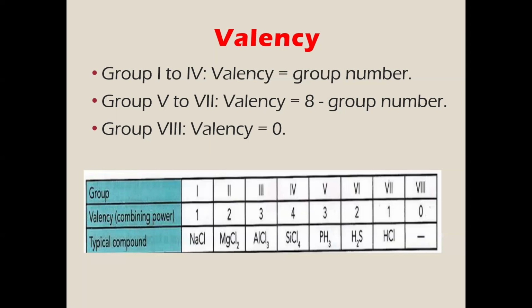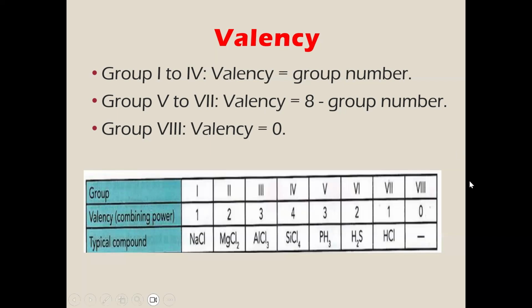But if the number of electrons is more than 4, so 5, 6, 7, the valency will be the number of electrons that will be gained, that will be accepted by the atoms. So if we have 5 electrons in the outermost shell, in group 5, they will accept 3 electrons, until they reach 8.